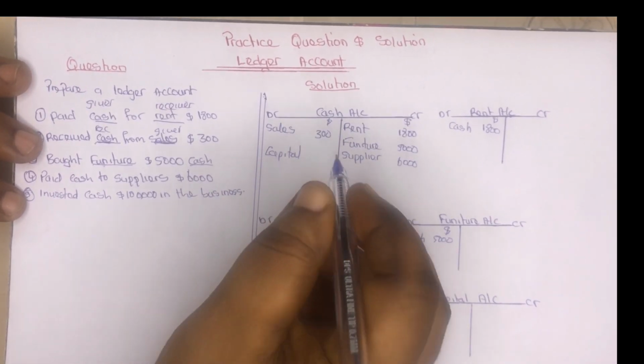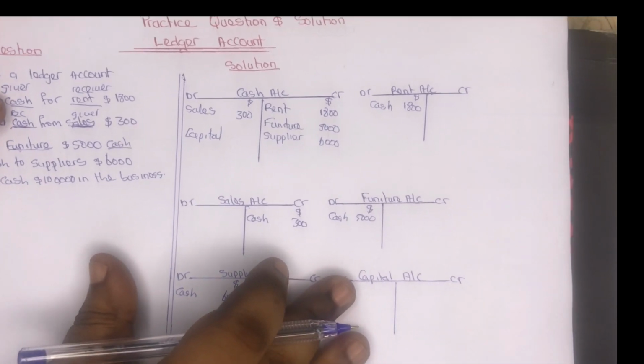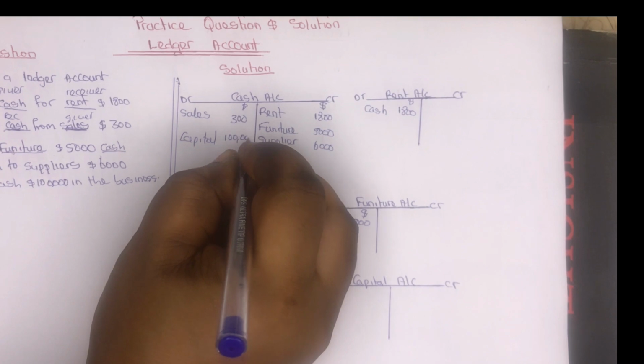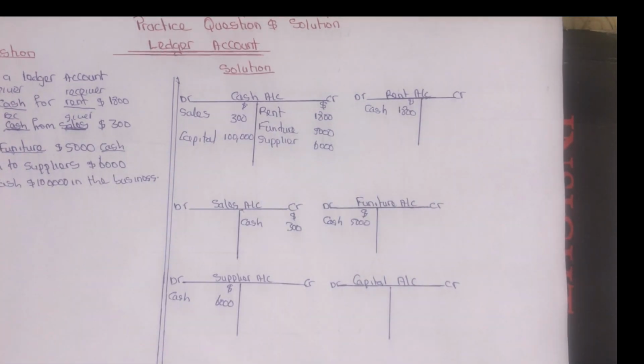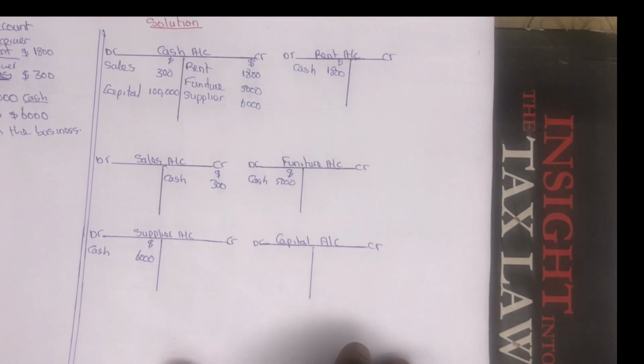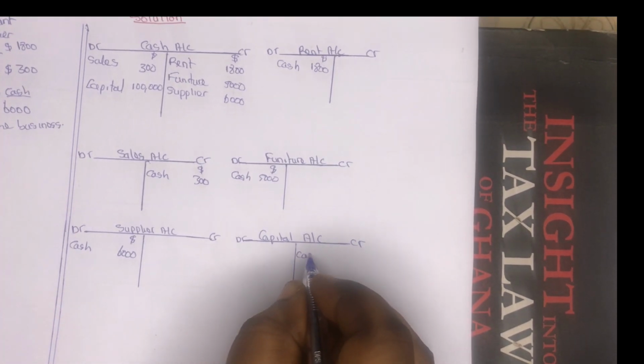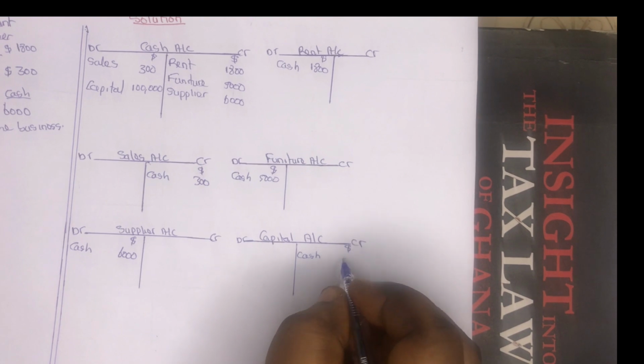So in the cash account, we put it as capital of $100,000, and in the capital account, we credit cash, $100,000.